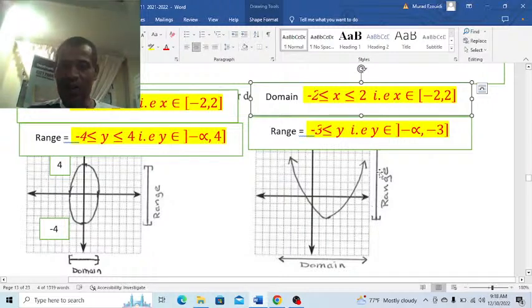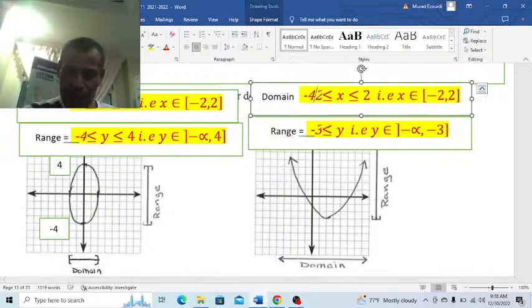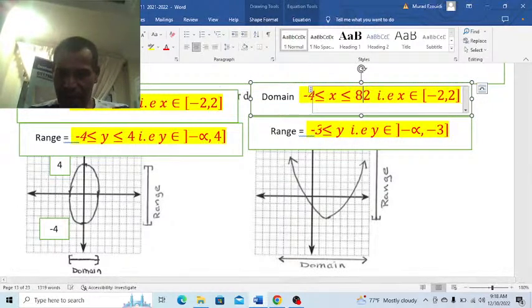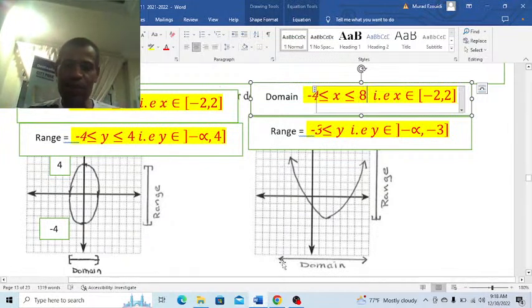So I will write the domain is between negative 4, yes, and 8.